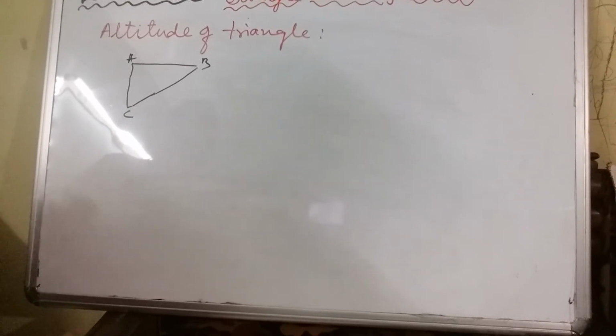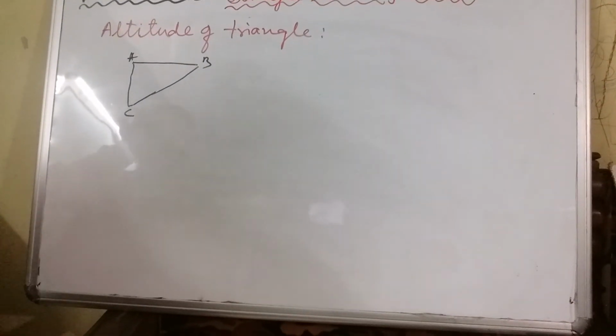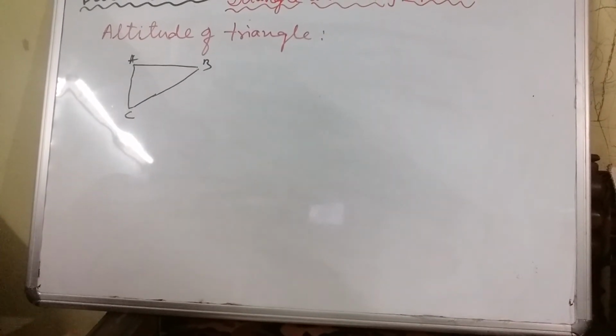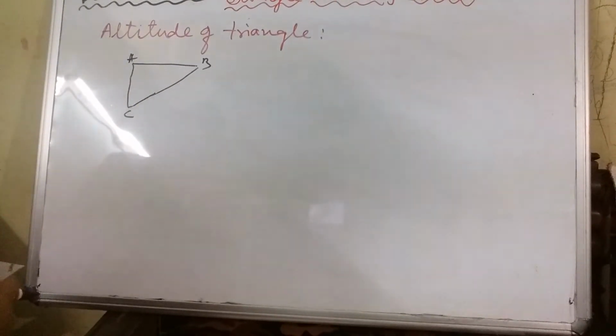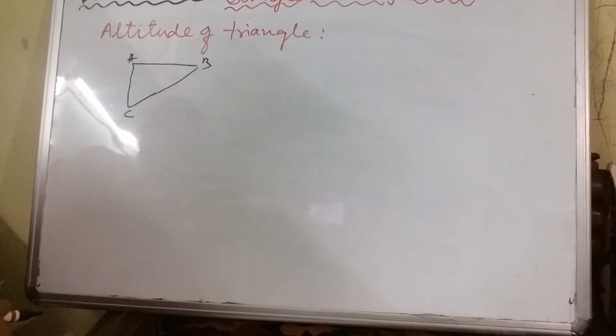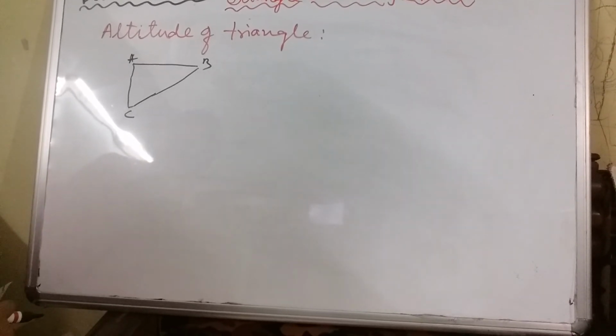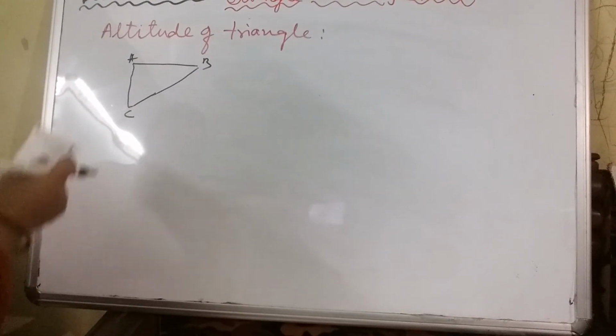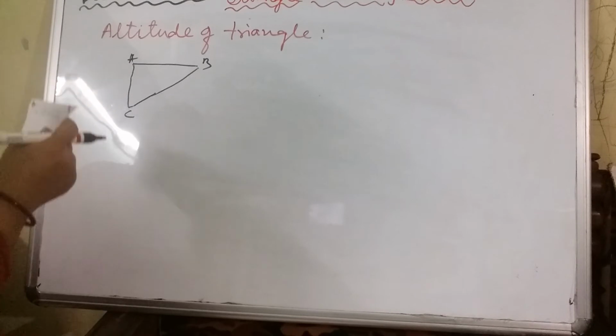Our next topic is the altitude of a triangle. Now, what is altitude? Altitude is the height of anything. All of you must have measured your height at least once. Now what is the height or altitude of this triangle?